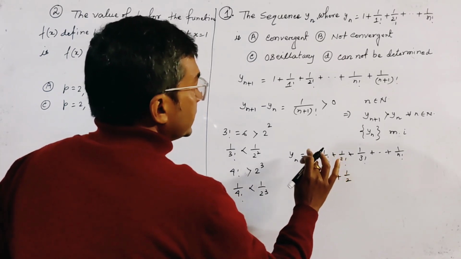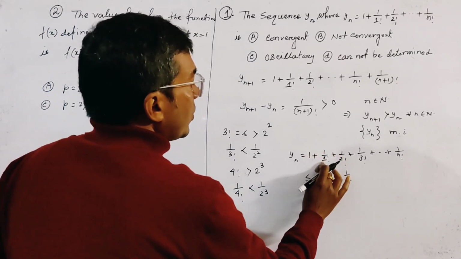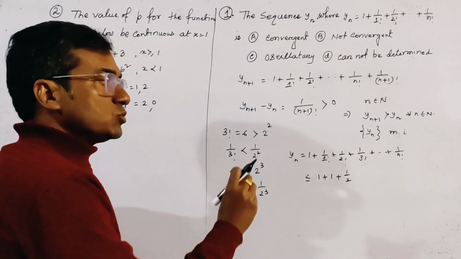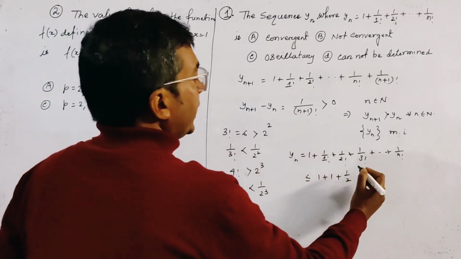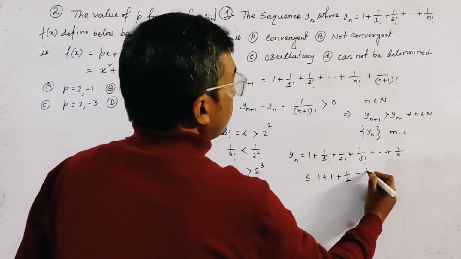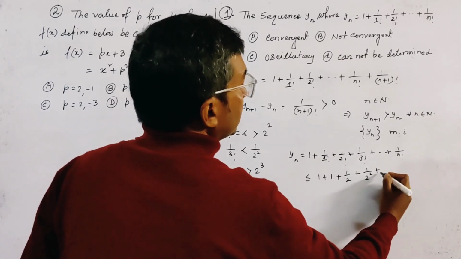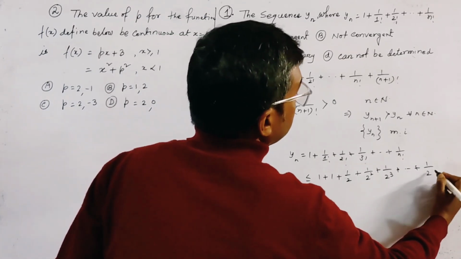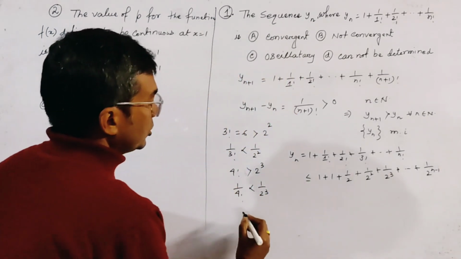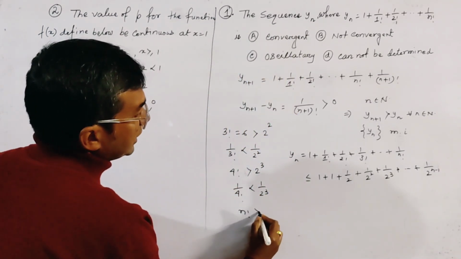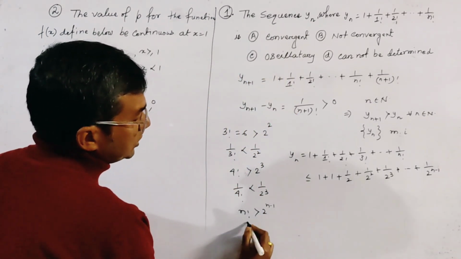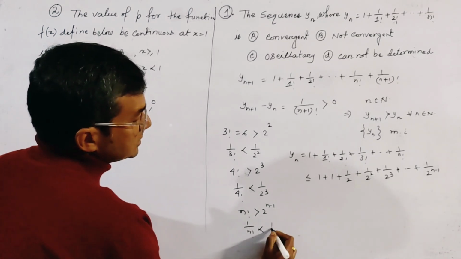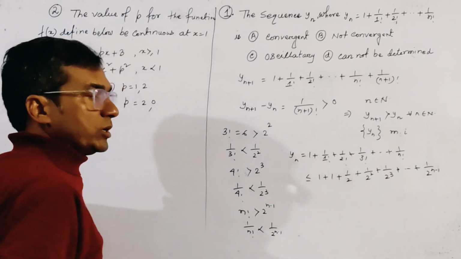We write the same terms 1, 1, and 1 by 2 factorial, which is 1 by 2. After that we write 1 by 2 to the power 2 plus 1 by 2 to the power 3 up to 1 by 2 to the power n minus 1, because we know that n factorial is greater than 2 to the power n minus 1. So 1 by n factorial is less than 1 by 2 to the power n minus 1.